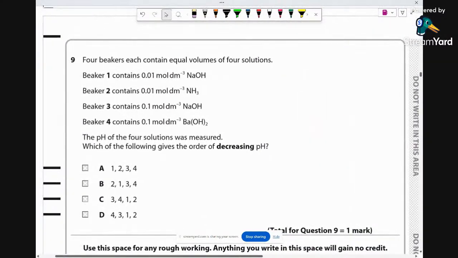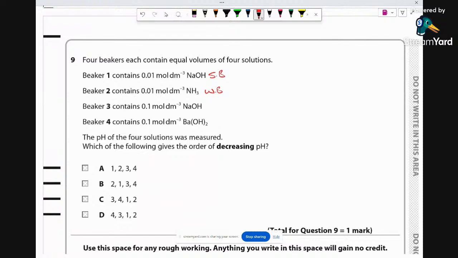Okay. Four beakers containing equal volumes of four solutions. The pH of the four solutions was measured. Which of the following gives the decreasing order? So what I will point out instantaneously here, I've got a strong base, sodium hydroxide, a weak base in ammonia. You should know from nitrogen chemistry in Unit 5 that the pH of ammonia is about 11.